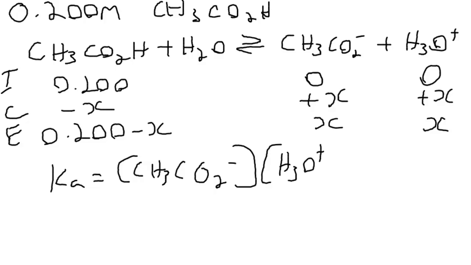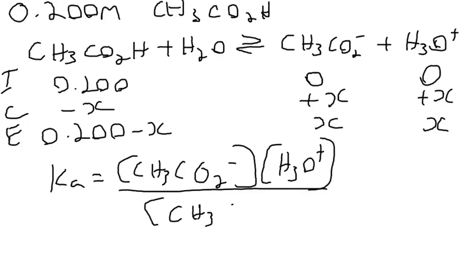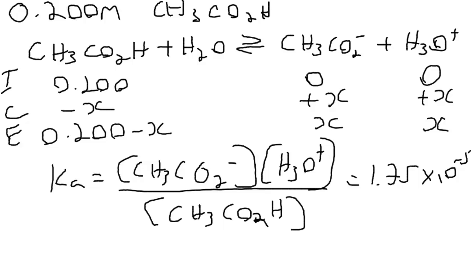These are all equilibrium concentrations over acetic acid. And we can look up a value for that, and when we do, we get a value of 1.75 times 10 to the minus 5. Remember, equilibrium constants don't have units. So let's go ahead and solve that.